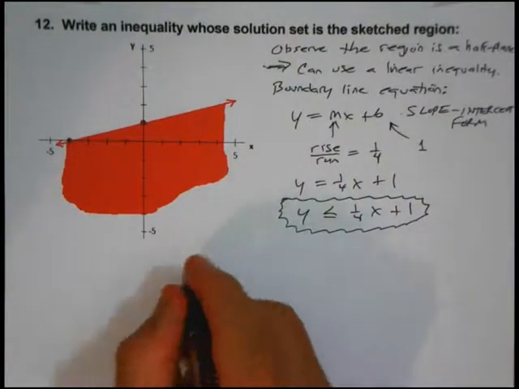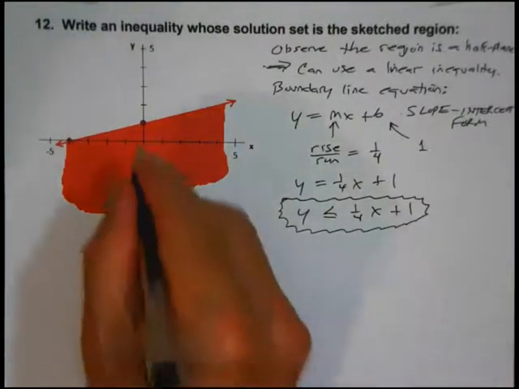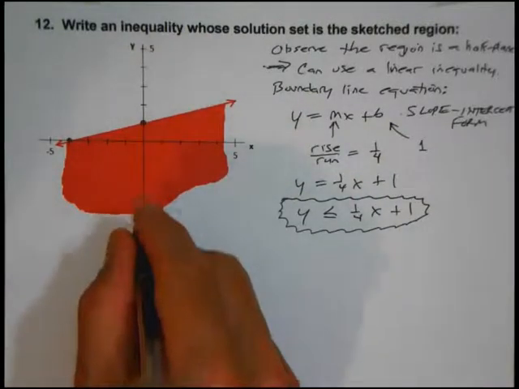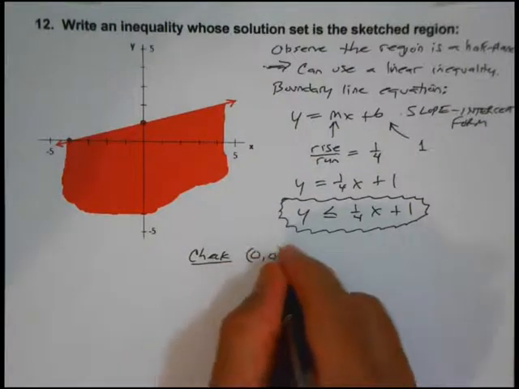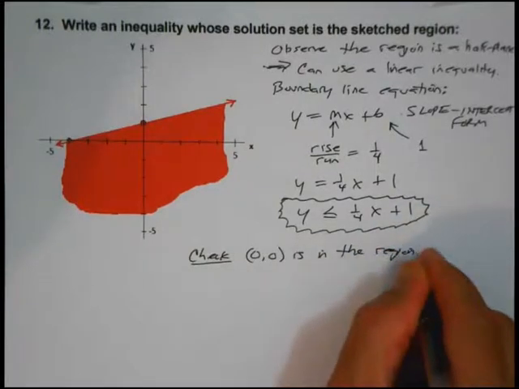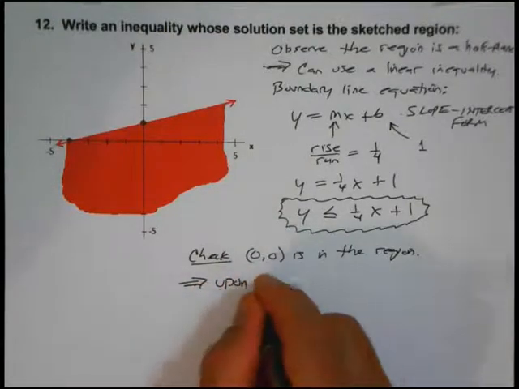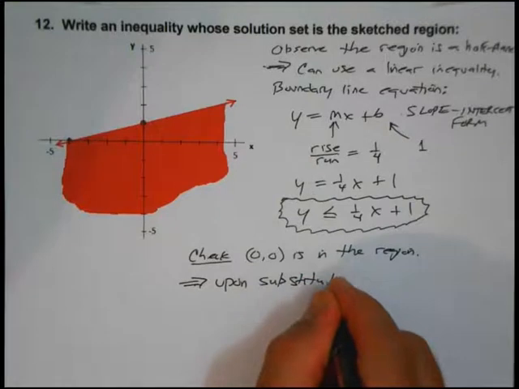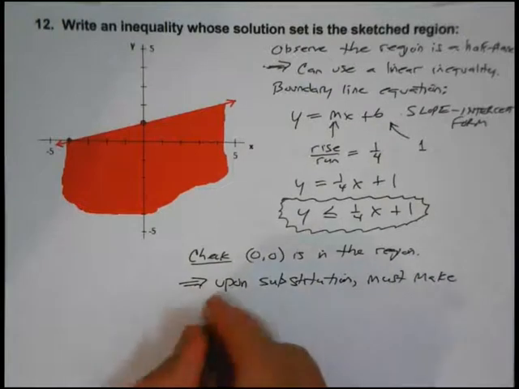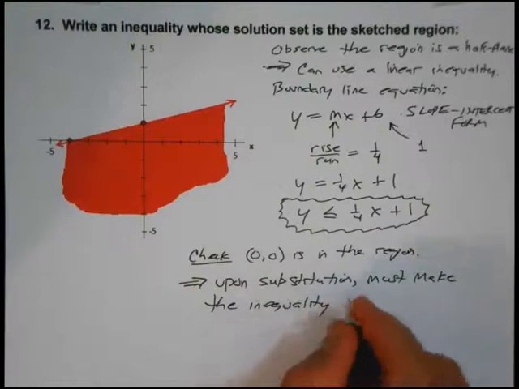Okay, just to be extra sure, we could try to check here. I like to work with (0, 0) because the arithmetic is just so easy. And in this case, (0, 0) is in the region. And this means that upon substitution, it must make the inequality true.